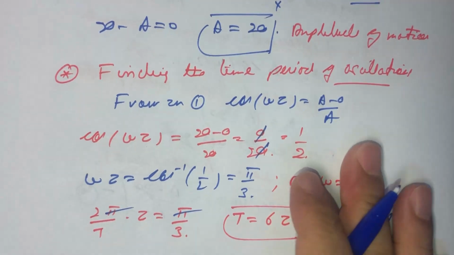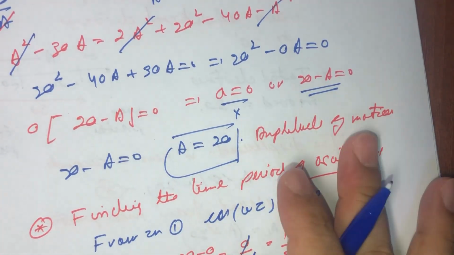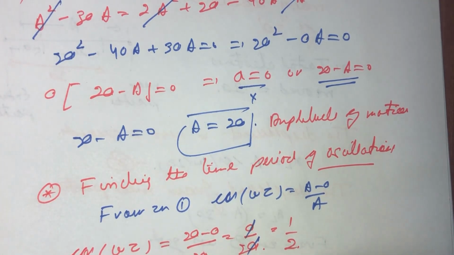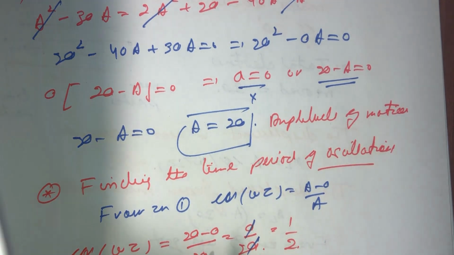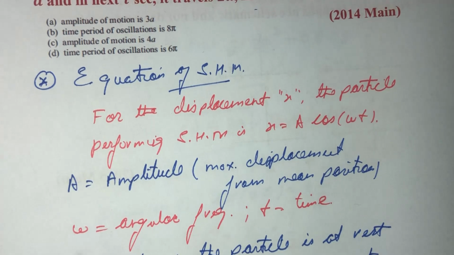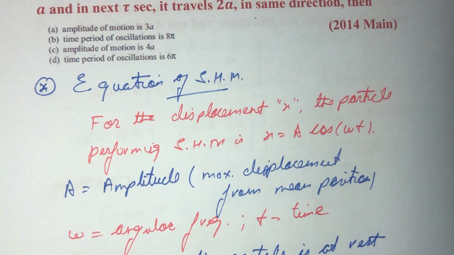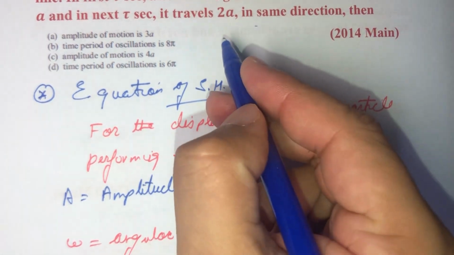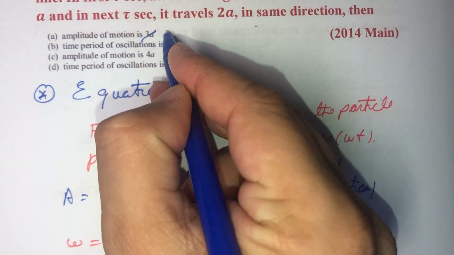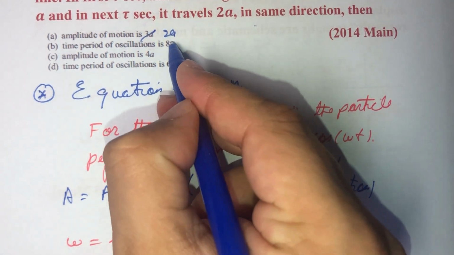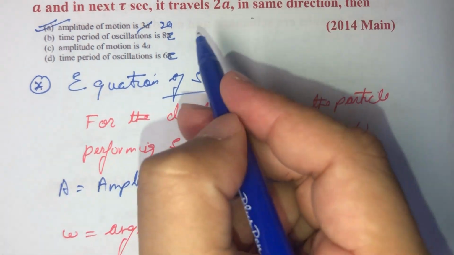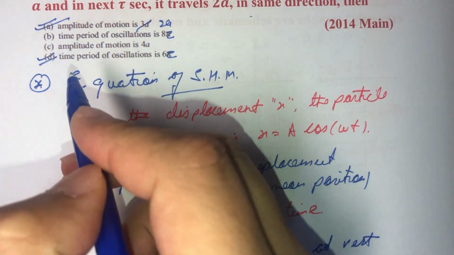If we check the options available to us, the amplitude of motion is equal to 2a. I think there is some problem in the options given. Okay, so it will be 2a. Let me correct this one. This should be 2a, and here it will be tau, not pi. So option A is correct, and option D is the correct option.